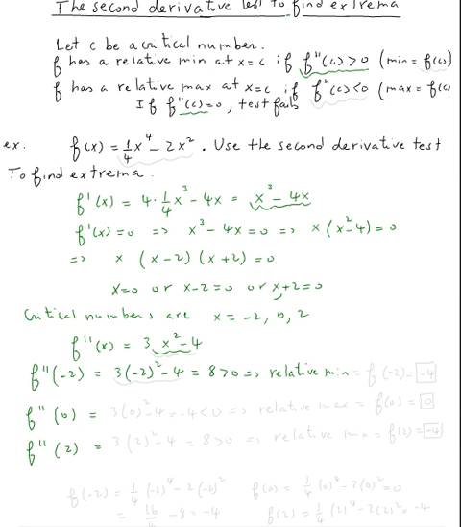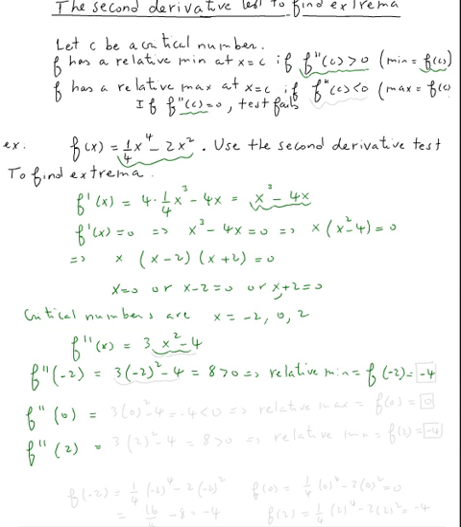But what's the relative min? It's actually, look here, f of c. So f of negative 2. We still need to plug negative 2 into our original function. If you plug it in, you'll get negative 4.